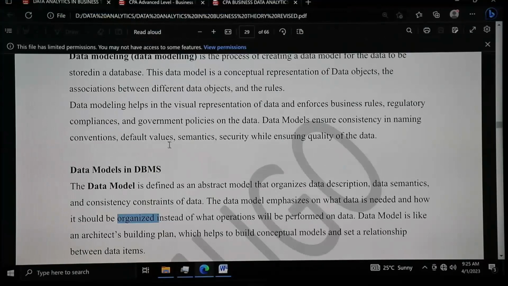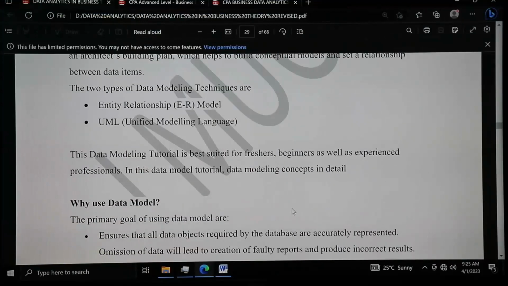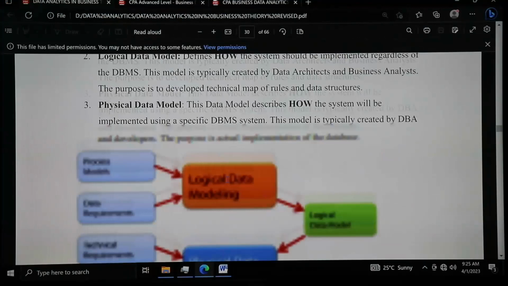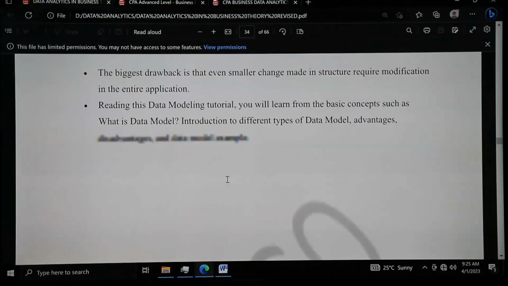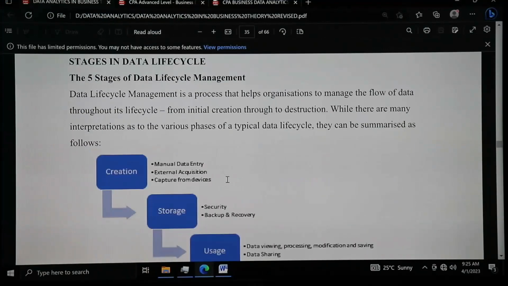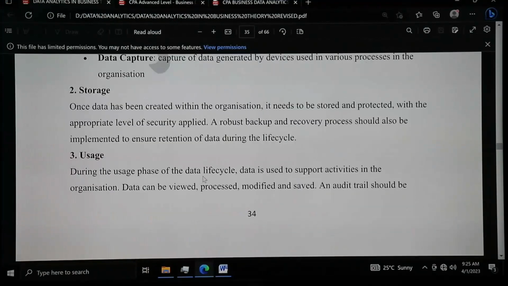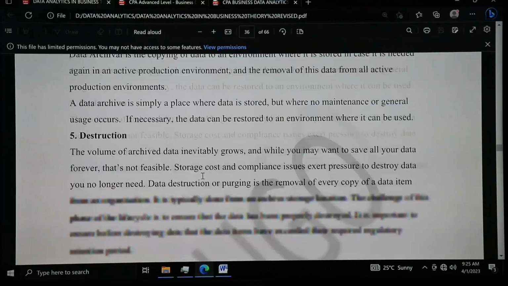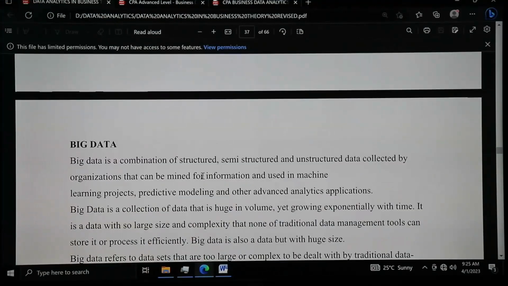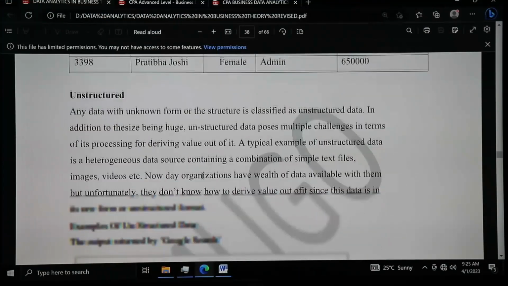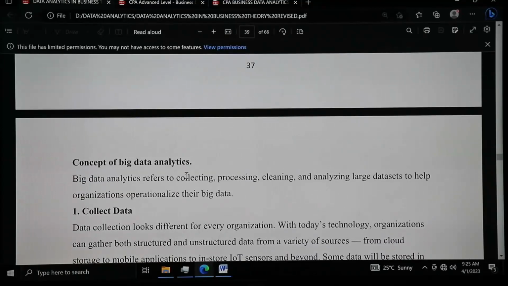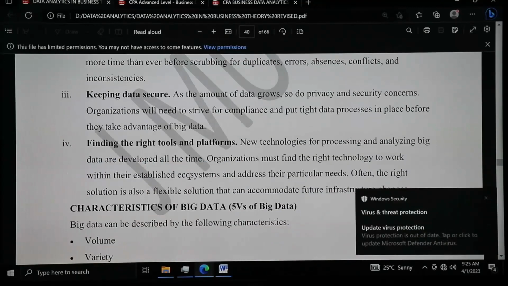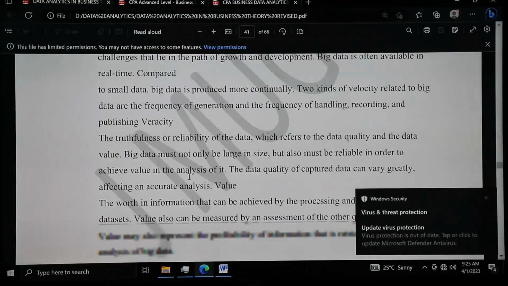If you go back to this book and scroll down, after data modeling the next discussion is about business analytics. That was chapter number 3, after the stages of data creation, and then big data. After big data, the next concept is business analytics. And what is business analytics?